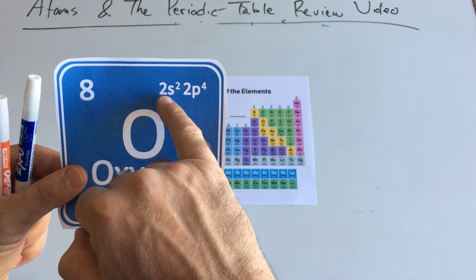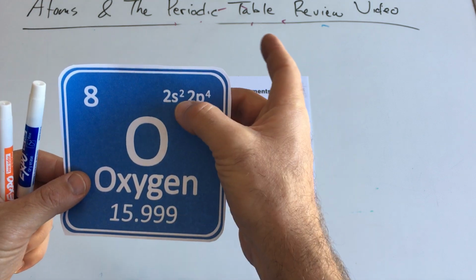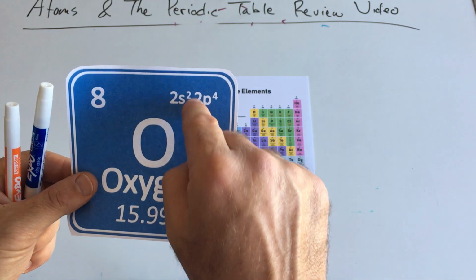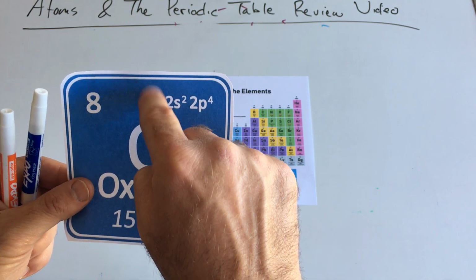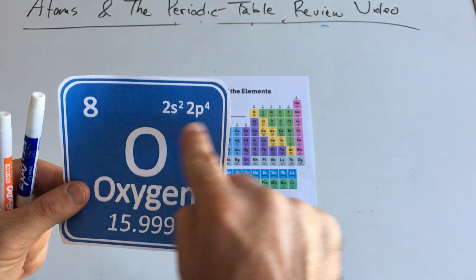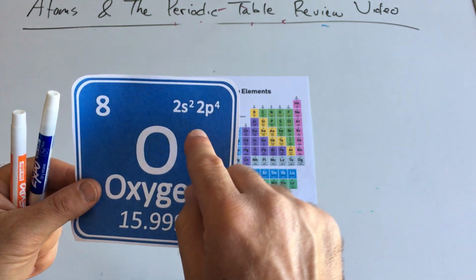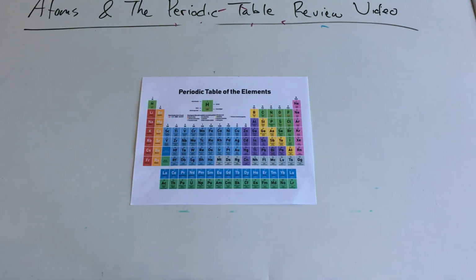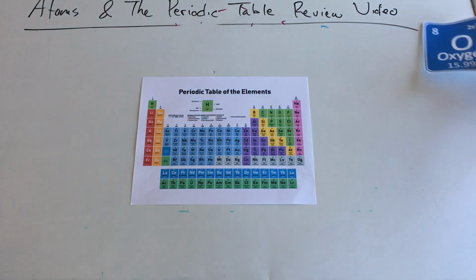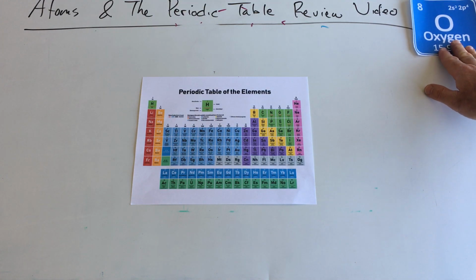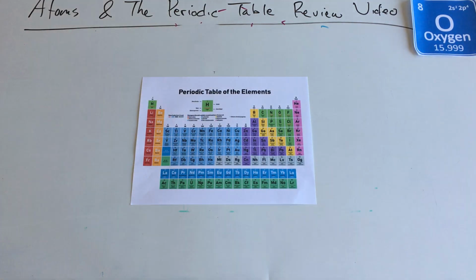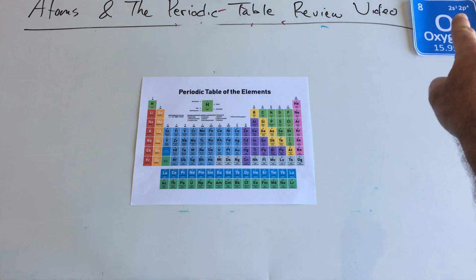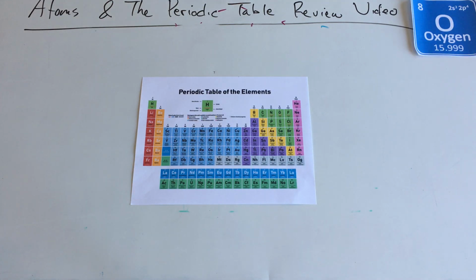So oxygen has 2 in the 2s and 4 in the 2p orbital, and implied in here is that there's 2 in the 1s orbital. So you'll see stuff like this with s's and p's and d's and f's telling you where the electrons are. Again, I'm not going to spend a lot of time on that in this review, but if this were a full review, I'd have you doing orbital diagrams and all that stuff. But I'm not going to make you.